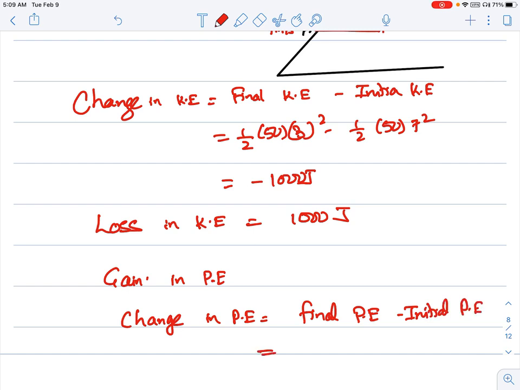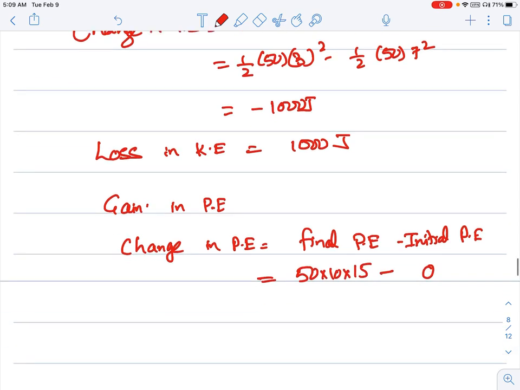Final potential energy is mgh. M is 50, g is 10, h, how much height it has risen, 15. Initially let it be considered as 0, so that it becomes 7500 joules. So the gain in potential energy is equal to 7500 joules.